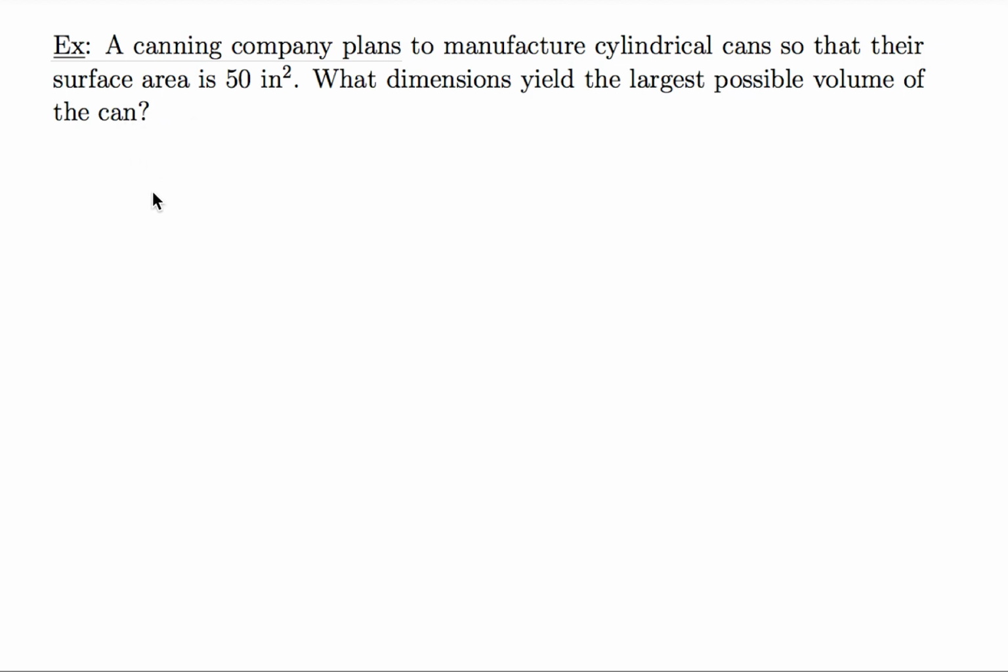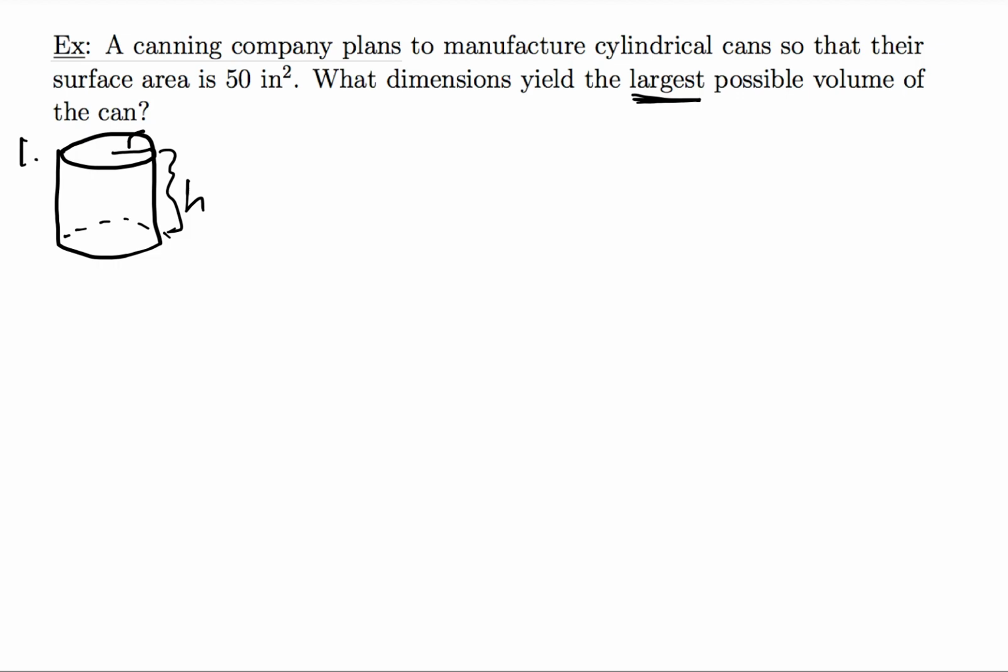Now, if this is a question that I'm worried about, well, here's my picture. All right, I've got my can. It's probably got some radius and some height to it. How do I get my largest possible volume here, right?